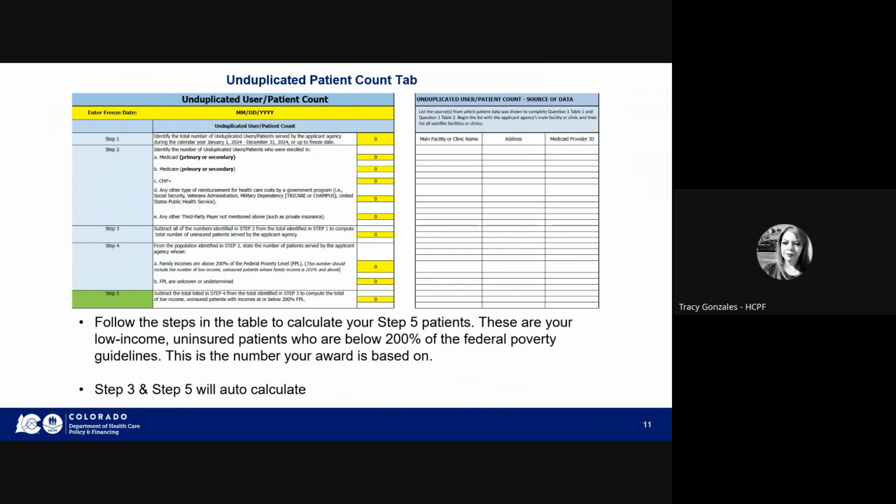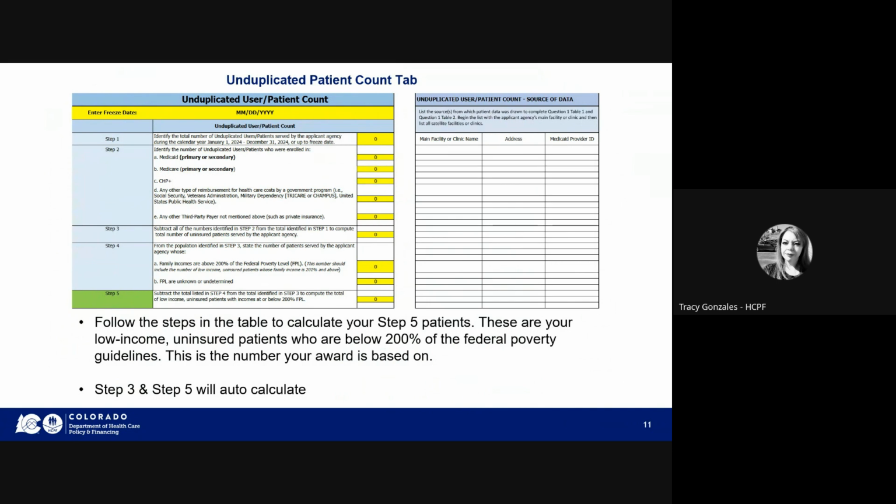So you will begin with step 2A. You will enter the number of patients from your unduplicated patient count that have Medicaid, either primary or secondary. Step 2B is the amount of patients that have Medicare, either primary or secondary. Step 2C, the amount of patients that have CHP plus.